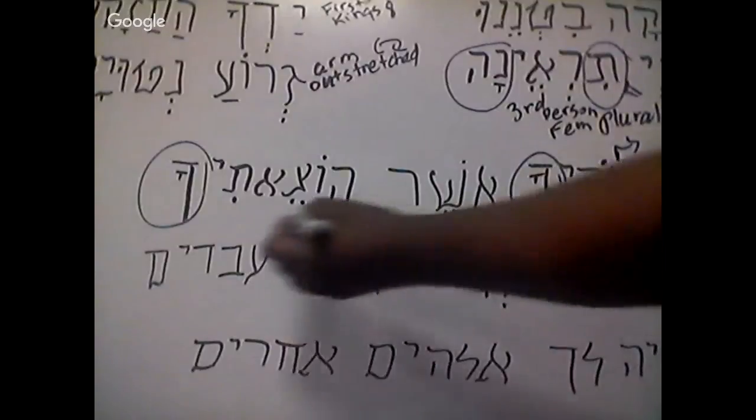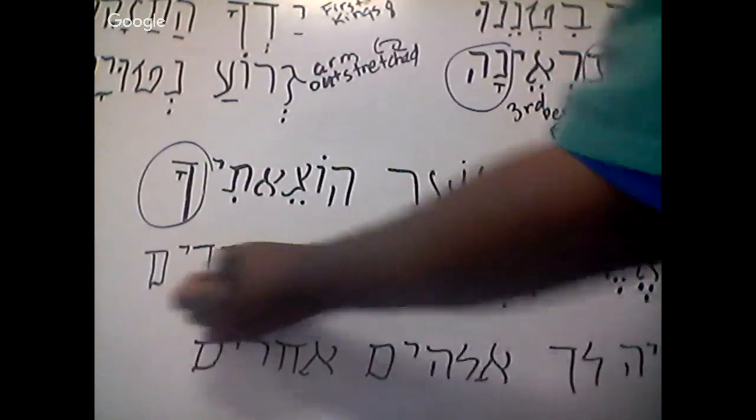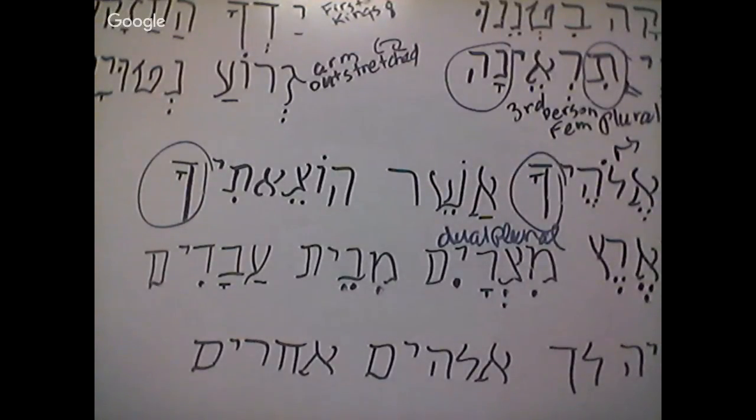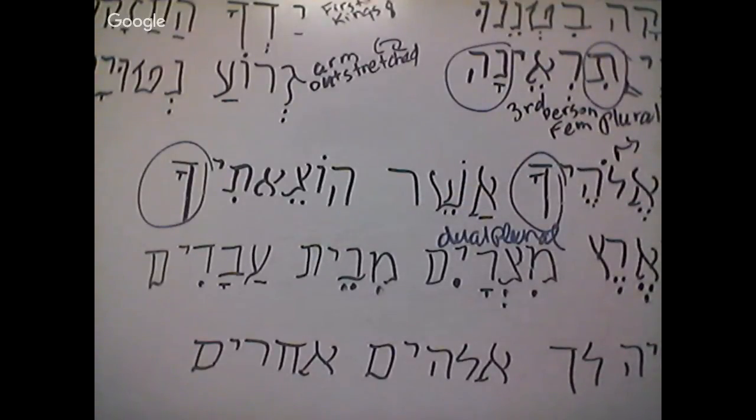Abadim means what? Bondage, servitude, enslavement, servitude. From the house of bondage.